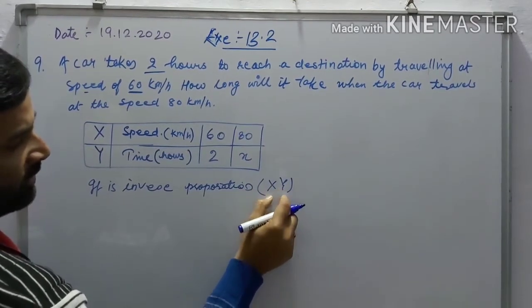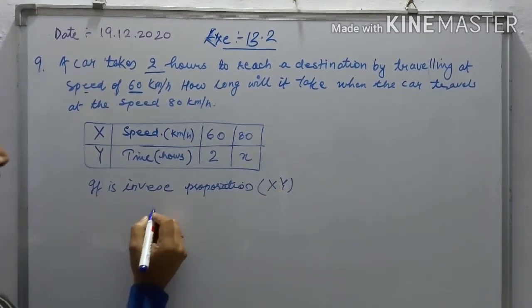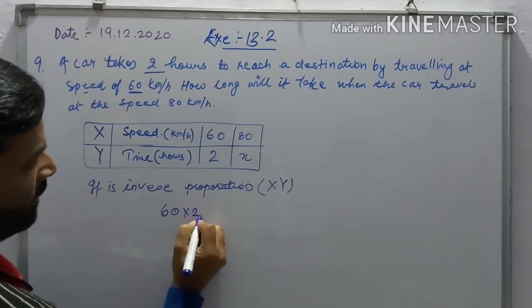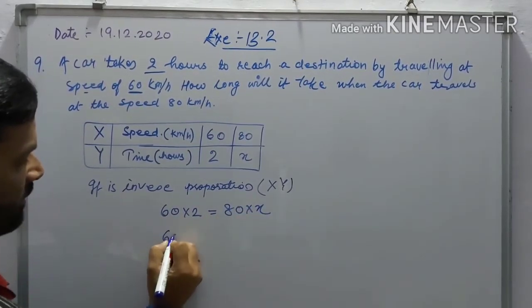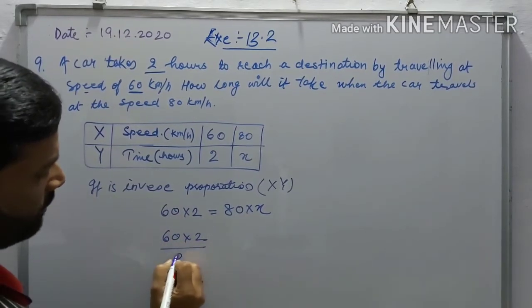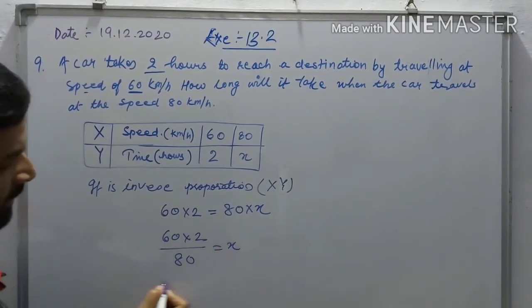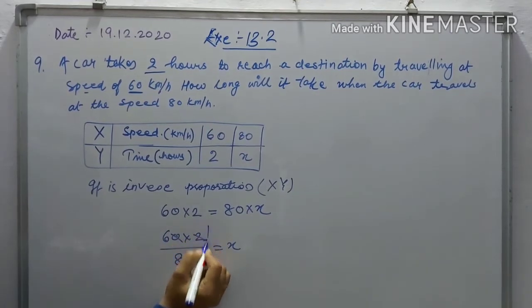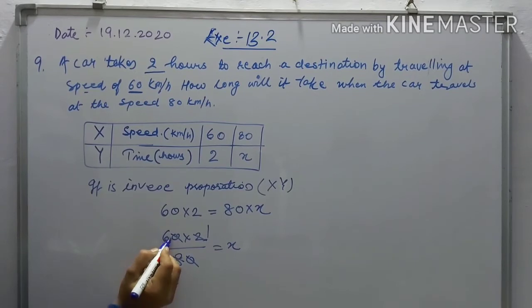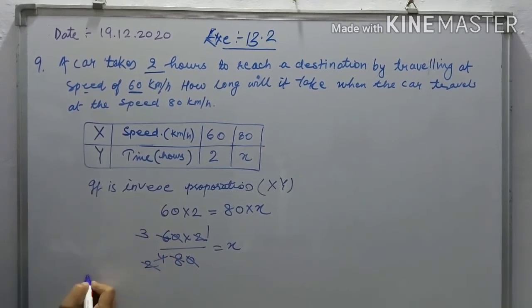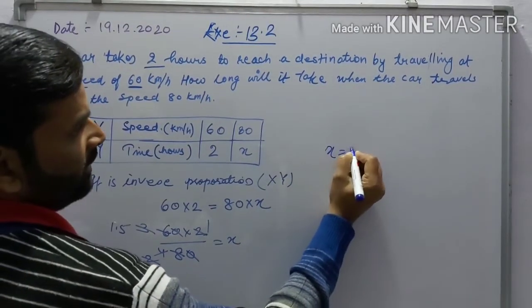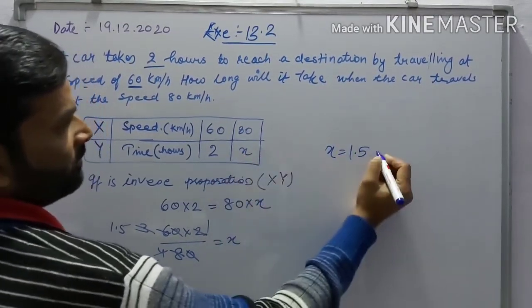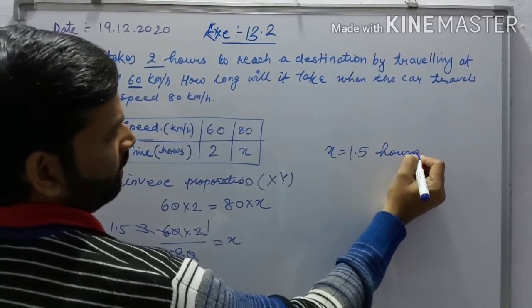This is the very important formula of x and y. It means 60 times 2 is equal to 80 times x. So 60 times 2 upon 80 is equal to x. The zeros cancel, 2 times 1 is 2, 2 times 4 is 8, 2 times 2 is 4, 2 times 3 is 6, so the value of x is 1.5 hours.